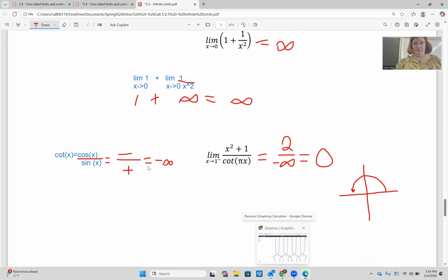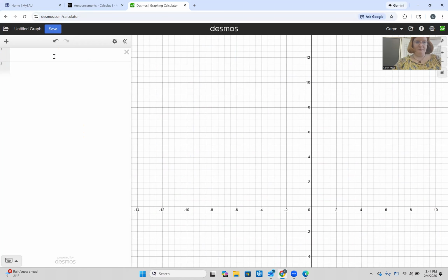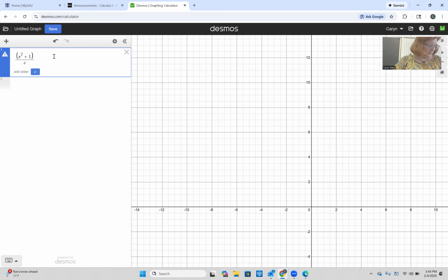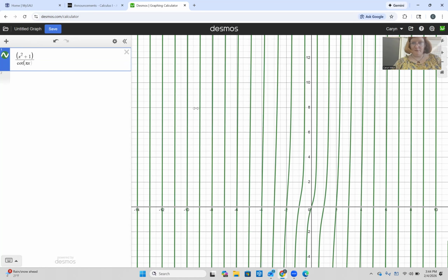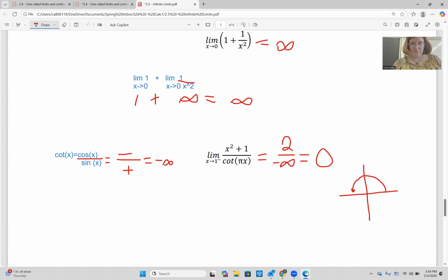That one's actually good to look at because that looks like a funky graph. X squared plus 1 over cotangent of pi x. And that was what we had, cotangent pi x squared plus 1.